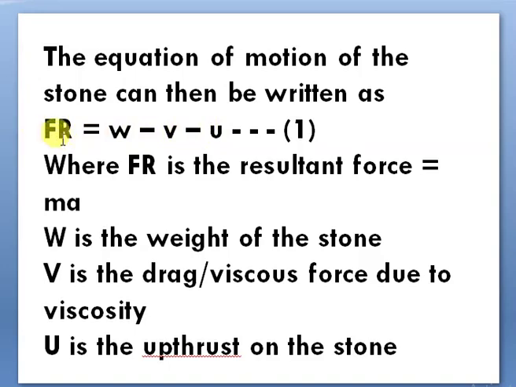Resultant force Fr is equal to the weight of the stone, minus the viscous force or viscous drag, minus the upthrust. Now we define the terms. Fr means the resultant force, W is the weight of the stone, V is the viscous drag, U is upthrust on the stone.